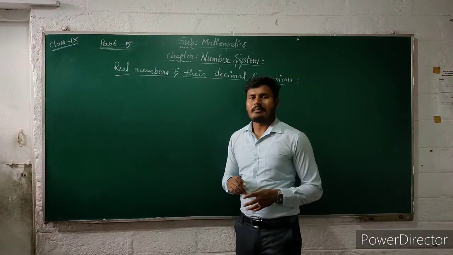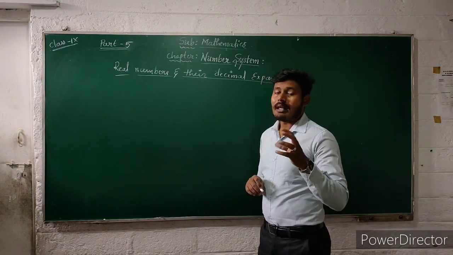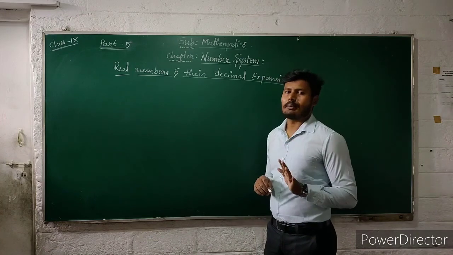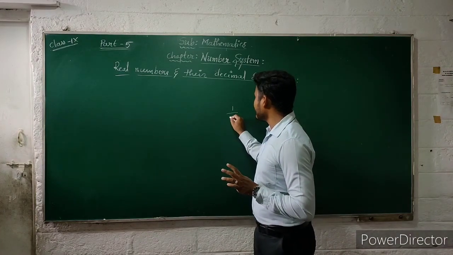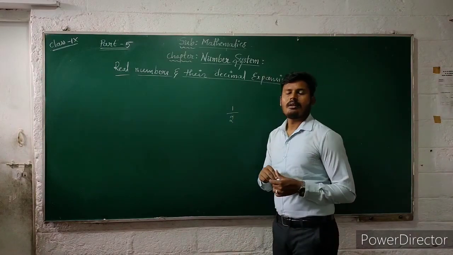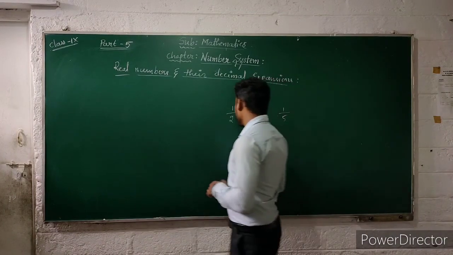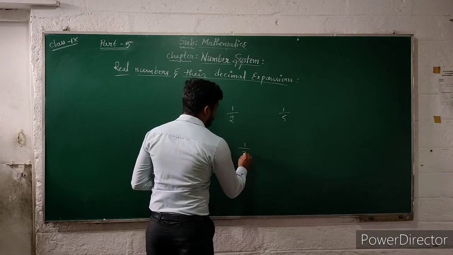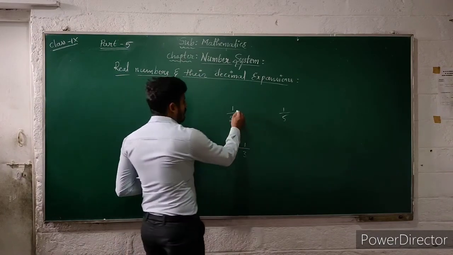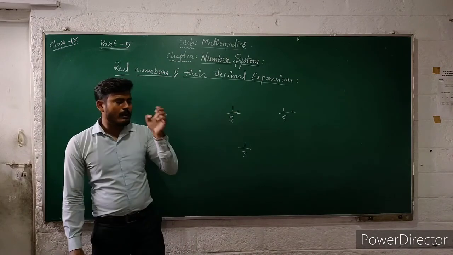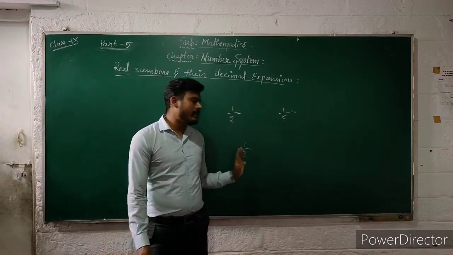I would like to give you some examples related to decimal expansions of rational numbers. Suppose we consider 1 by 2, and now 1 by 5, and then 1 by 3. Here divide 1 by 2, 1 by 5 and 1 by 3.